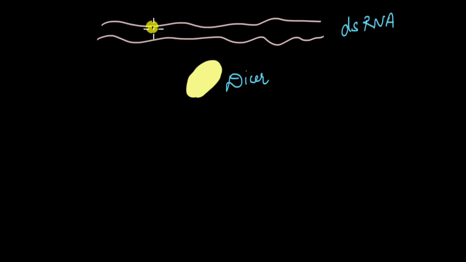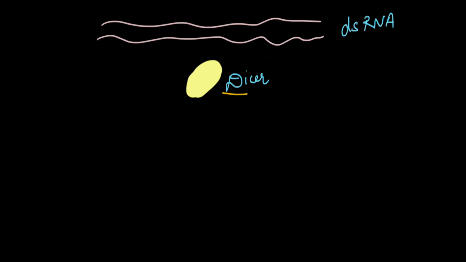We're going to focus only on the double-stranded RNA that is now inside the cell from the virus. Because it's not usually found in the cell, this unusual RNA is recognized by a protein known as Dicer. Take care when you're writing this name, Dicer, this D should always be capital. So this Dicer protein is going to come and recognize this double-stranded RNA. What Dicer, like the name suggests, is going to do is chop this double-stranded RNA into smaller pieces.